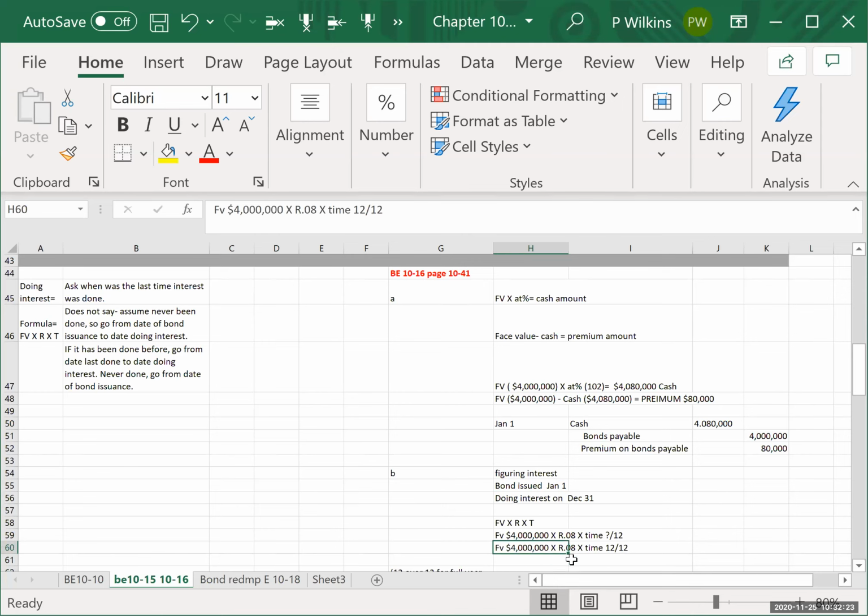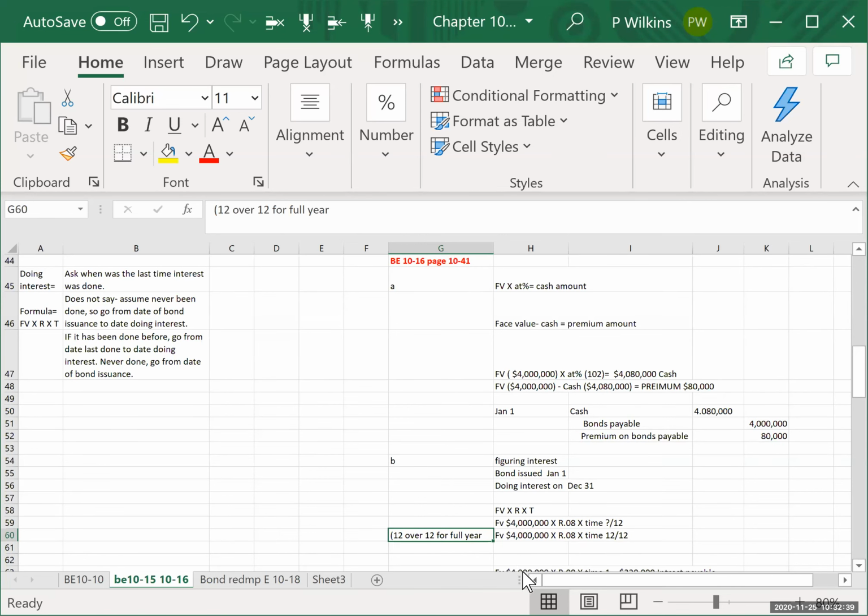So in this case, it's 12 over 12, because the date was January 1 and it's never been done before. So it's all of January, February, March, April, May, all the way down to December. So it's 12 over 12, which is 1, right? So $4 million times 8% times 1 is $320,000, our interest payable amount.